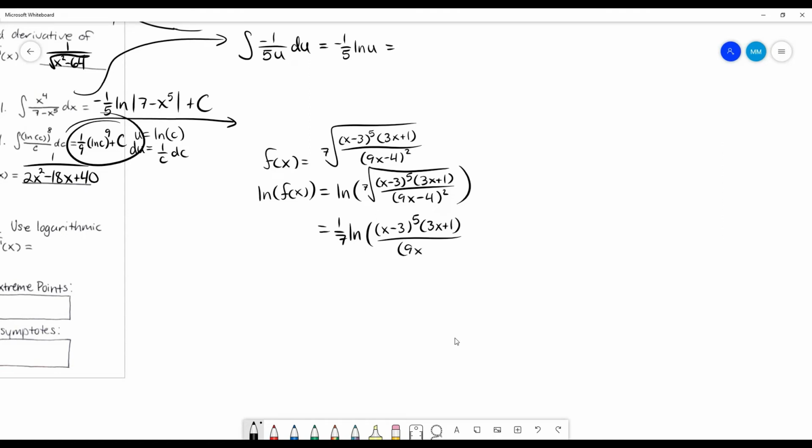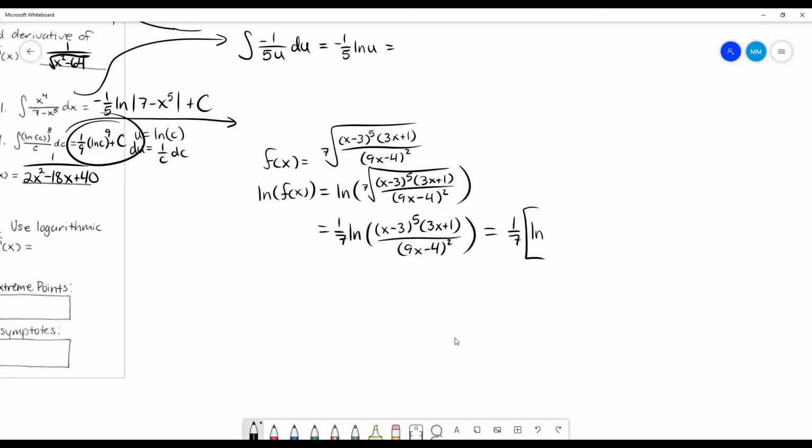From there, it's just more breaking it down. I'm going to keep that 1/7 on the outside of all of it, just as a big coefficient so we don't lose anything.